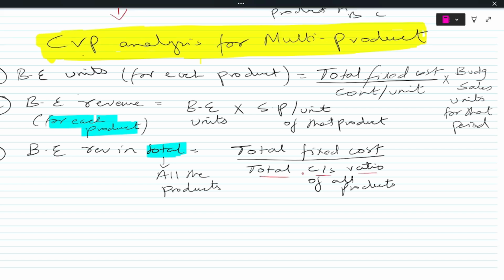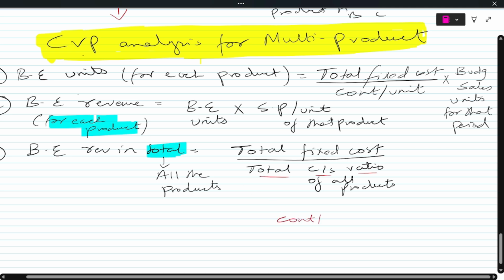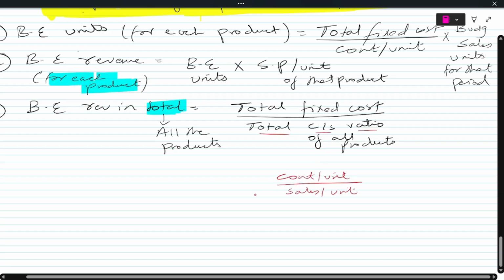Now you would remember from our previous video that we used to divide total fixed cost by CS ratio, right? But in that CS ratio, what we used to do was take the contribution per unit and divide it by sales per unit, correct? And that's how we used to get our CS ratio.